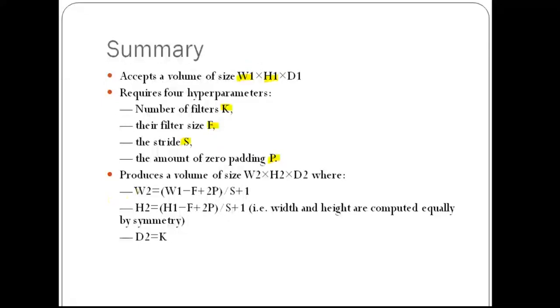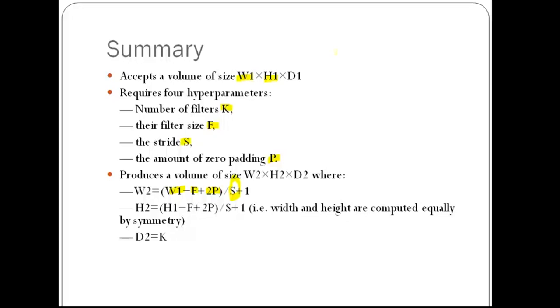So the width of the output image will be the width of the previous input image minus the filter size, plus 2P. If padding is there, then P equals 1. If it is not there, P equals 0. Divide by the stride. If the stride is 1, then divide by 1, otherwise divide by 2, plus 1.